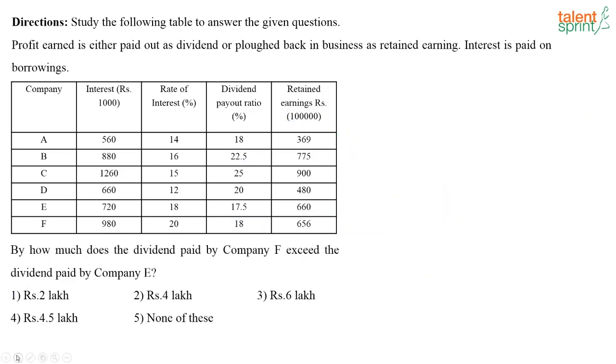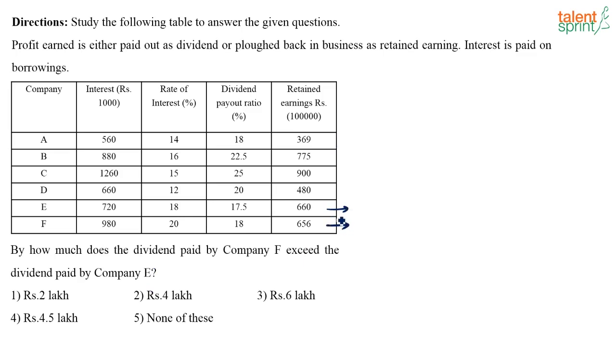Next question. By how much does the dividend paid by company F exceed the dividend paid by company E? How will you solve this? Okay, so what is the total profit of company F and E?